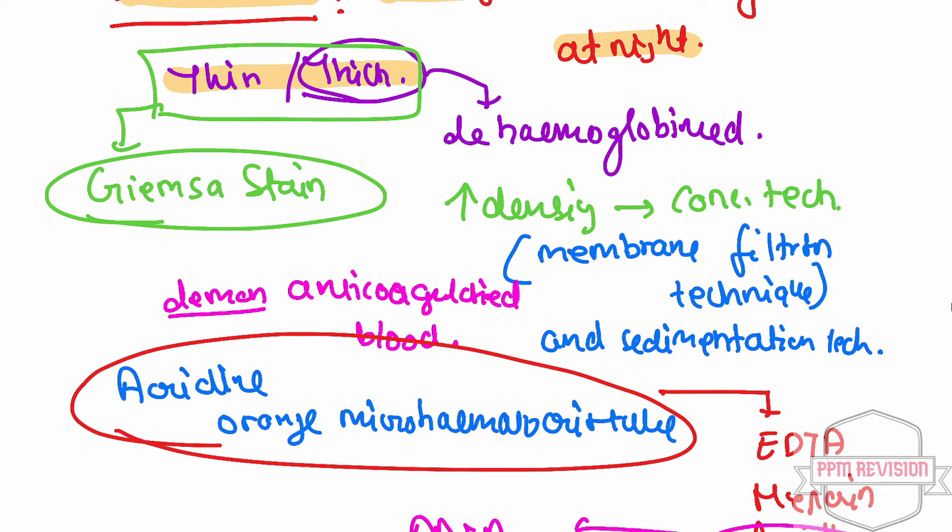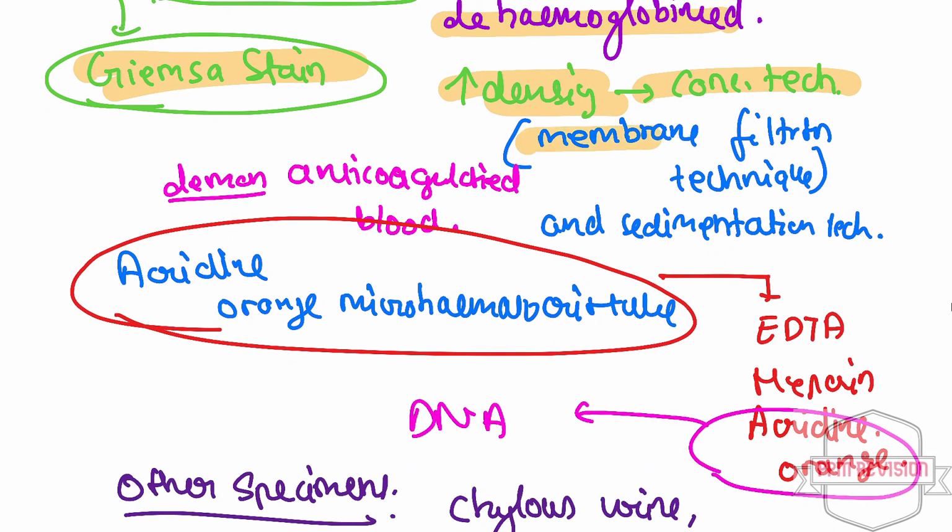Then you have the thick and thin smears. The thick smear is dehemoglobinized, and together thin and thick are stained with Giemsa. To show an increase in density, concentration techniques are implemented, including the membrane filtration technique as well as the sedimentation technique.